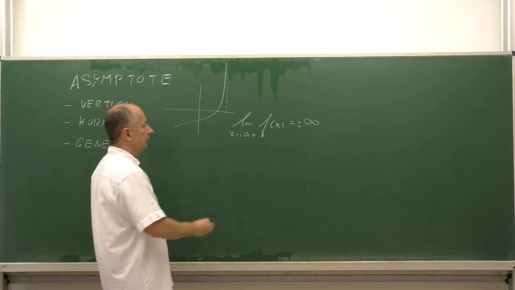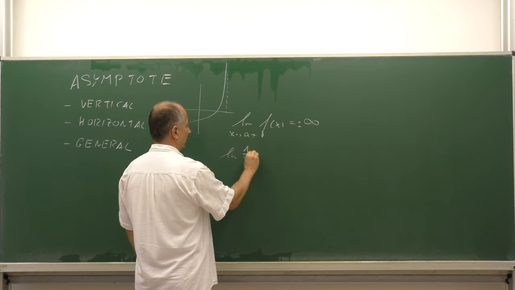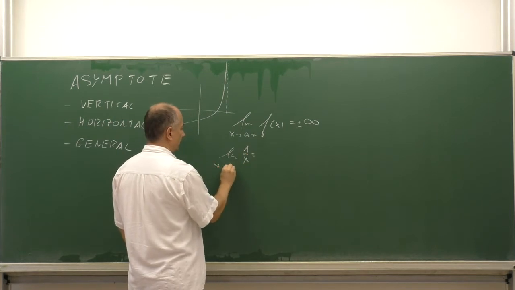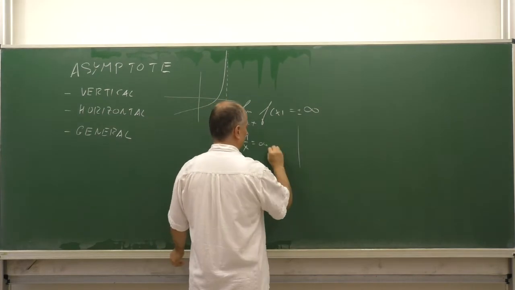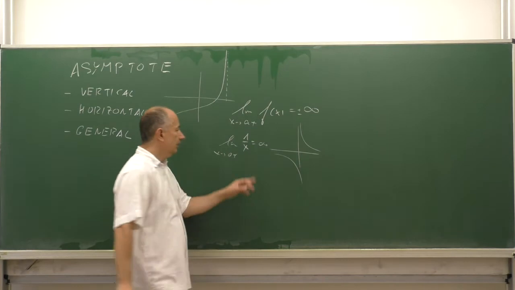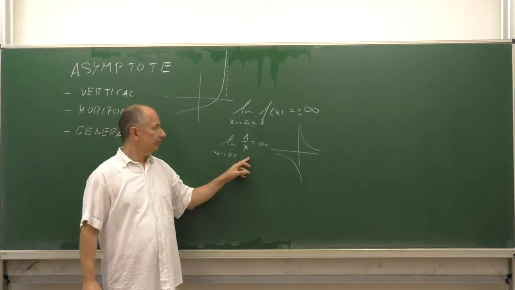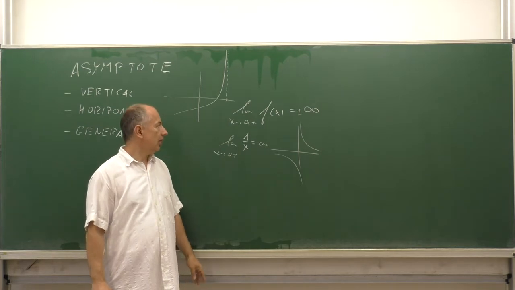An example of such a function is 1 over x, because the limit for x approaching 0 from the right is infinity. The graph is a hyperbola, and the y-axis is the vertical asymptote for this graph.